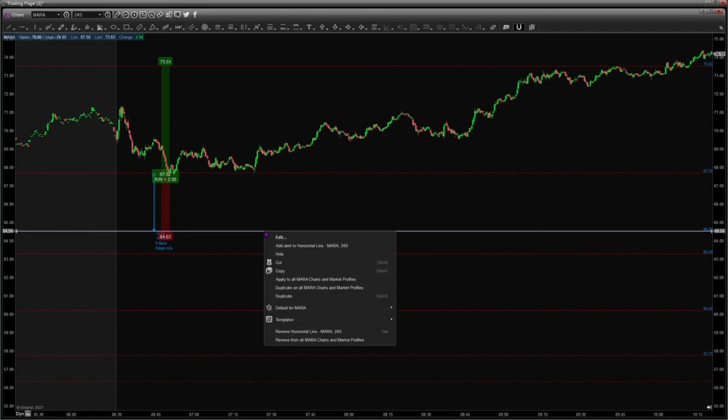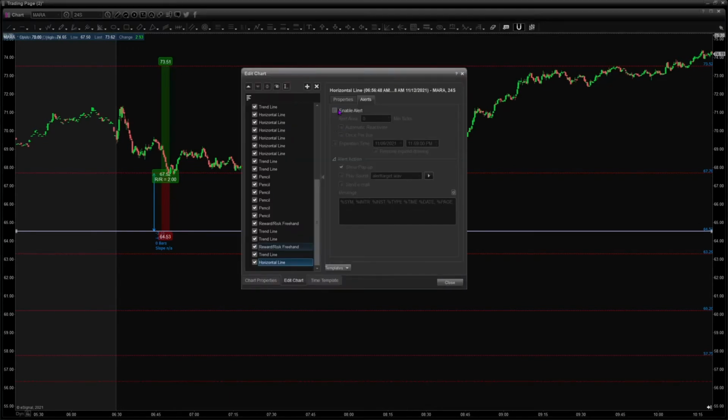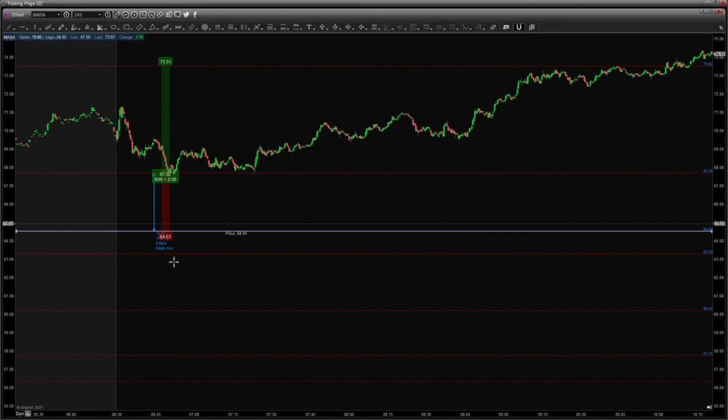And then you add an alert. You just right click, enable alert, and play whatever sound you want to play. I made a sound, and it just says stop out. So I'll hear it say stop out.